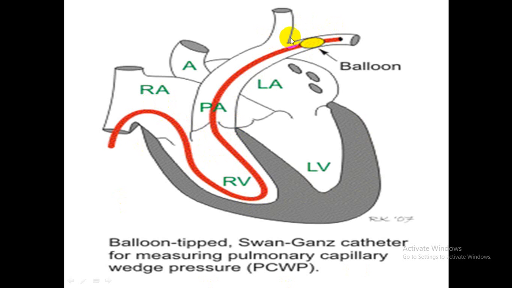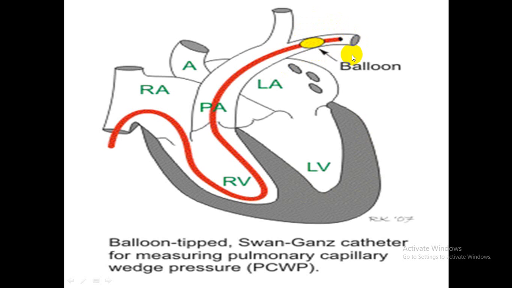So this balloon, when wedged in the small arteries, will measure by the pressure sensor in the tip of the catheter the pressure beyond the balloon, which gives a hint about the left atrial pressure.